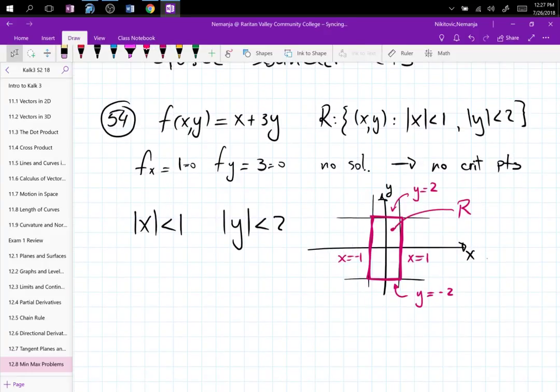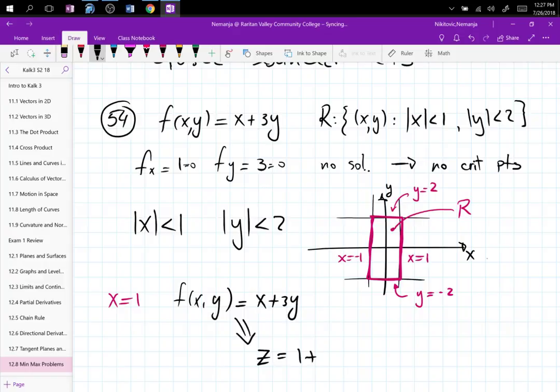So now I'm going to say x equals 1. So when x equals 1, your function f(x,y), which was x plus 3y, becomes a function z equals 1 plus 3y.